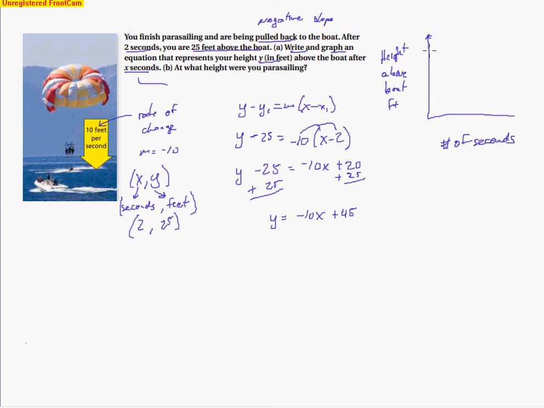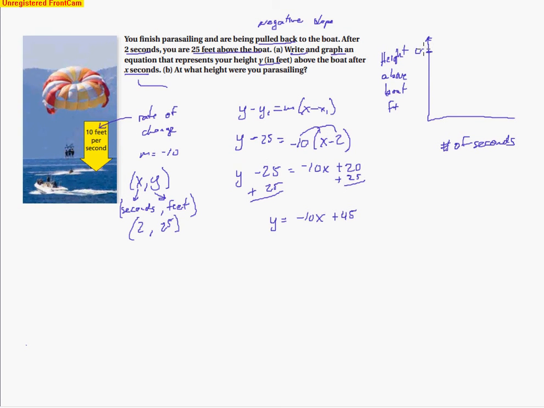And so I know that I started 45 feet above the water right there. There's 45. And then I decrease by 10 feet per second.